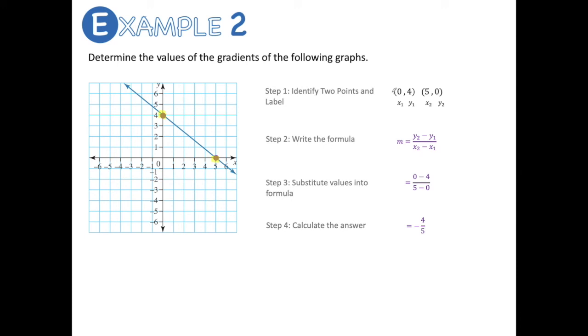And I can do a check with my types of gradient. I can see that my line from the graph is sloping down across the Cartesian plane. So I know that it is going to have a negative gradient. So my answer being negative makes sense. So the gradient is going to be negative 4 over 5.